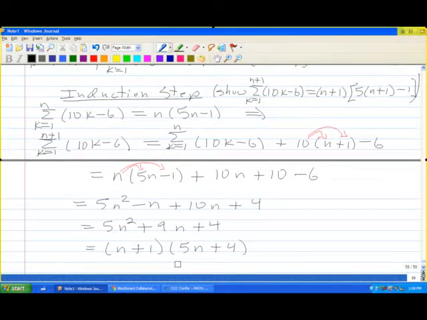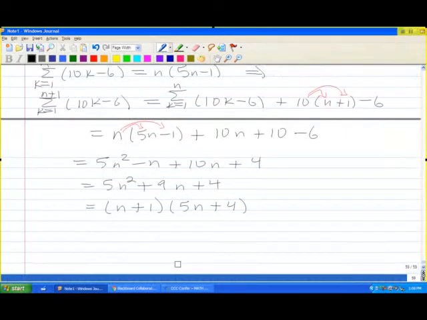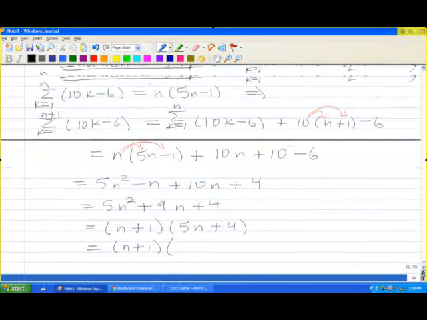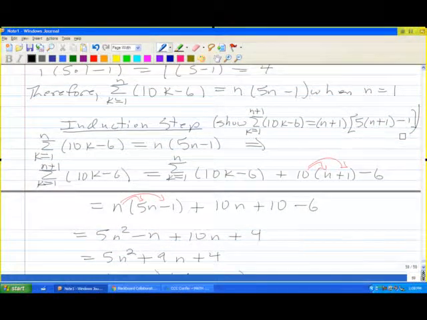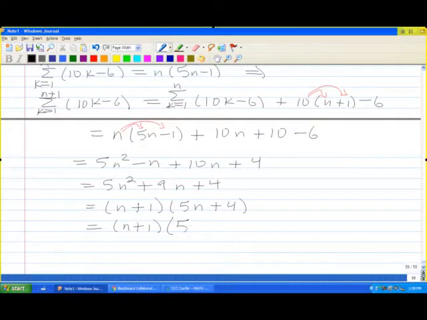So let's simplify this. Let's write this as n plus 1. Now, remember, this is my goal. And so my goal is to write this as 5n plus 5. Well, 4 is 5 minus 1.